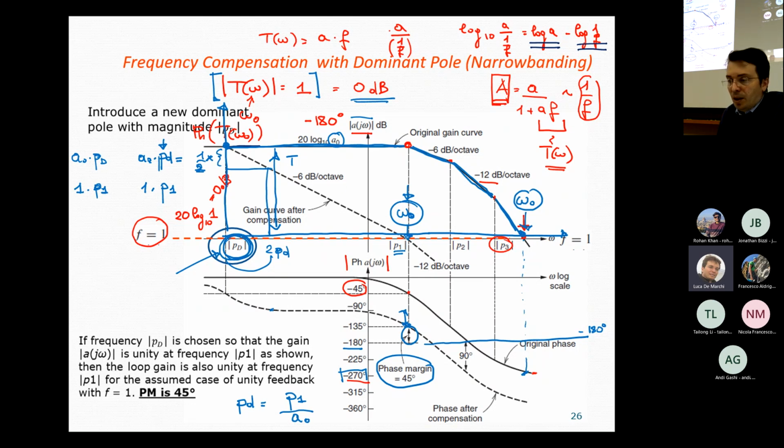So PD controls the position in which we hit the 0 dB line.